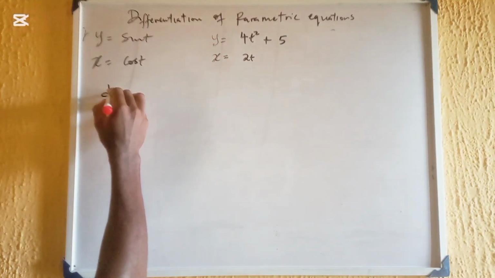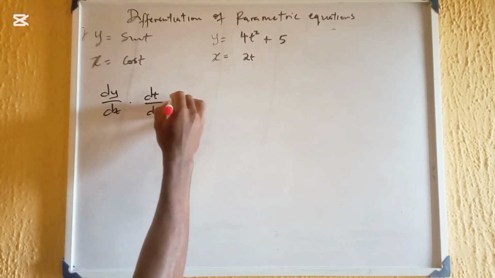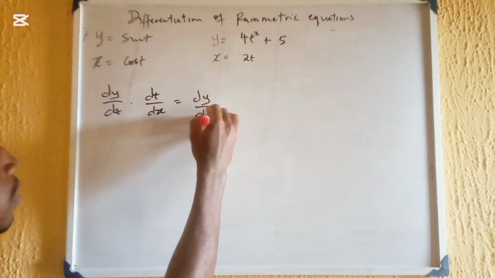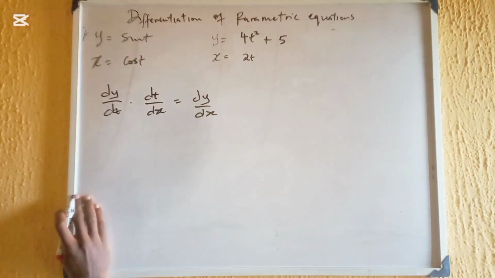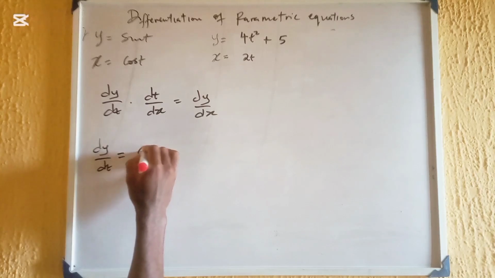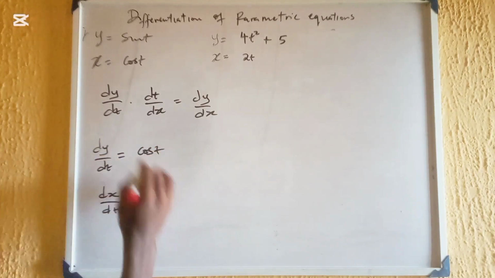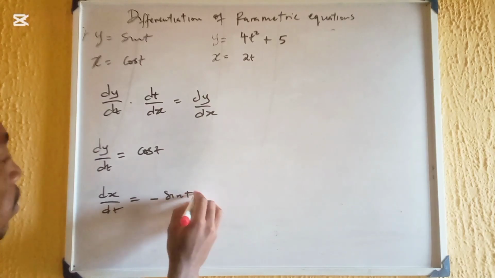We say dy/dt times dt/dx is equal to dy/dx. So for the first one, dy/dt is equal to cos t and dx/dt is equal to minus sin t.